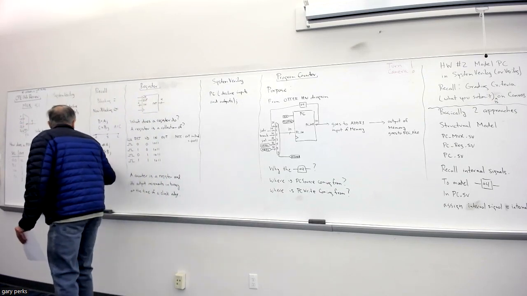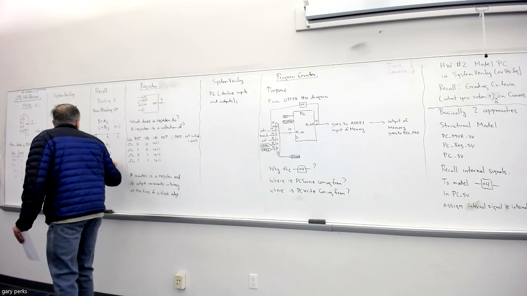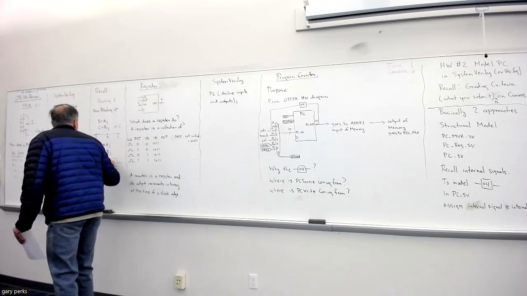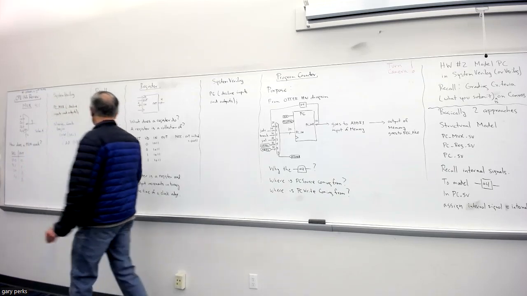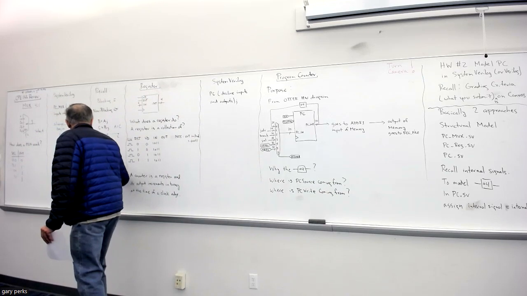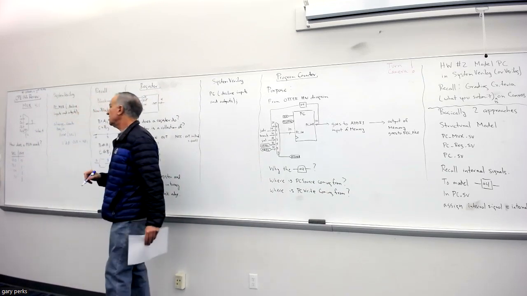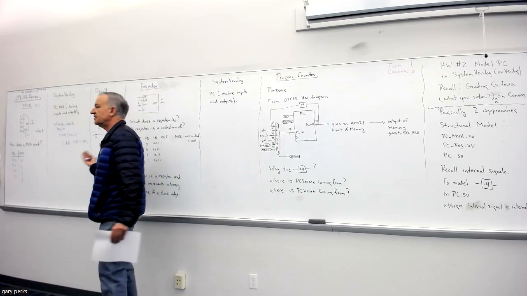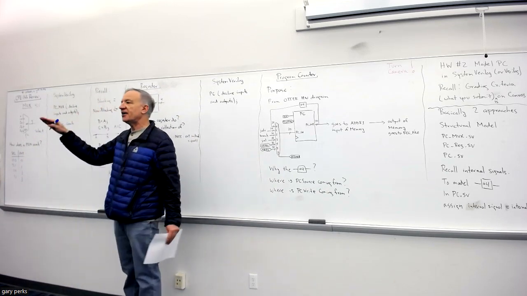What it's doing is essentially putting circuitry in, and the circuitry could be latches. We see A would not equal C. There's circuitry. It's not like a wire.